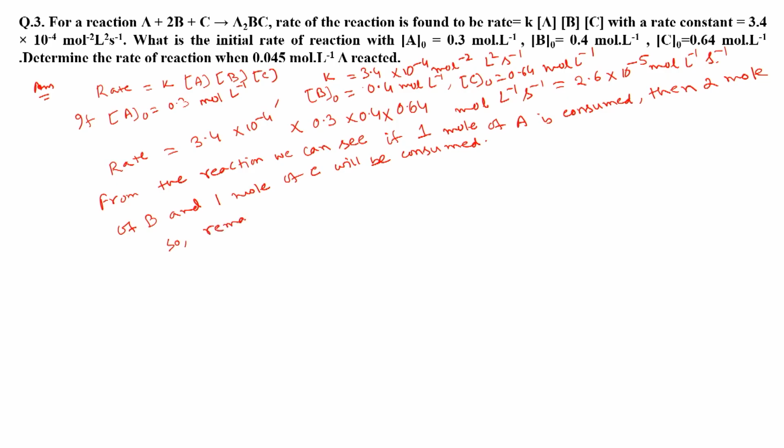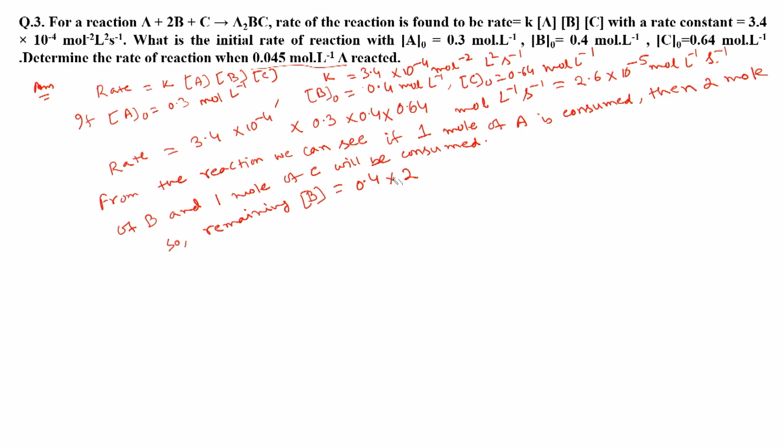So remaining B, the concentration of B. So initial concentration was 0.4, right? And 2 times this is the concentration of A reacted.